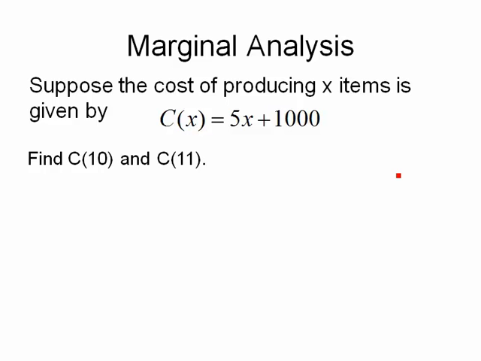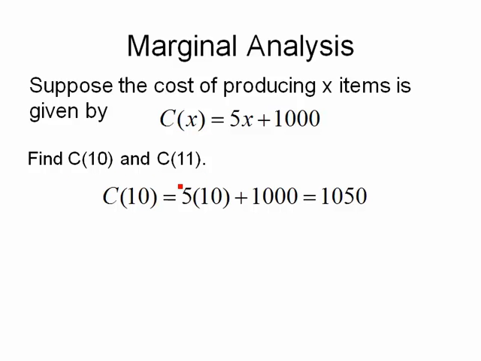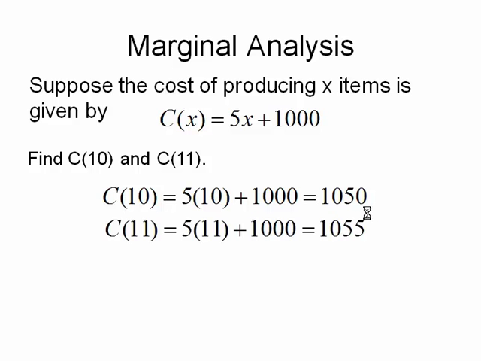Now to get an idea of what our variable costs are, let's find C of 10 and C of 11. C of 10 means I need to put 10 into the function. So 5 times 10 plus 1,000 is 1,050. C of 11 is 5 times 11 plus 1,000, that's 1,055.